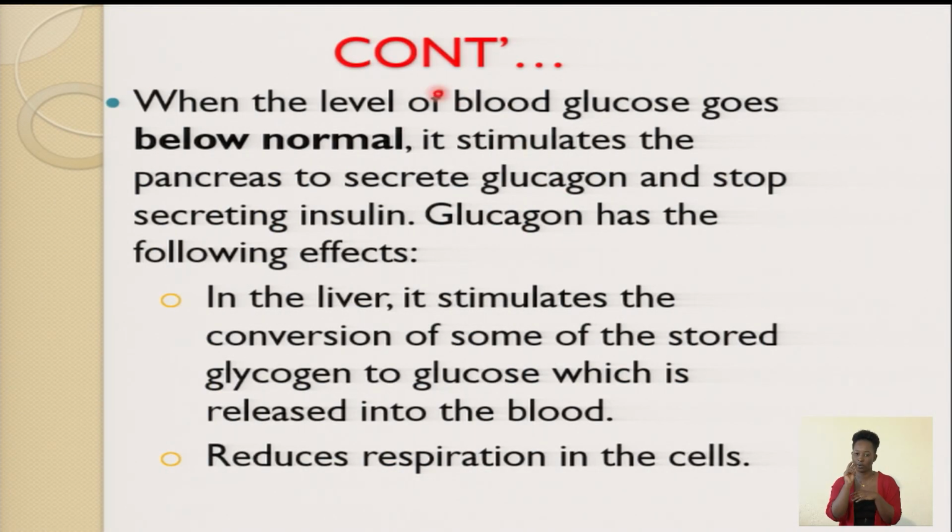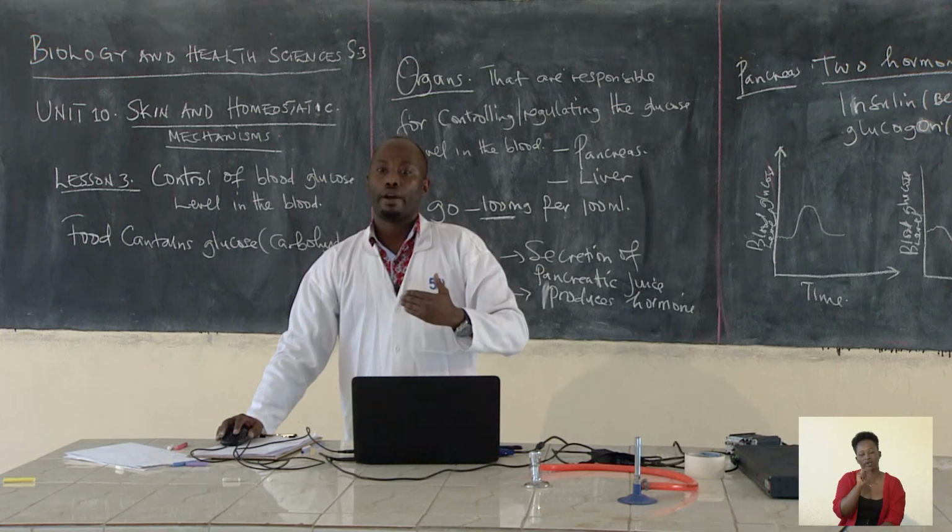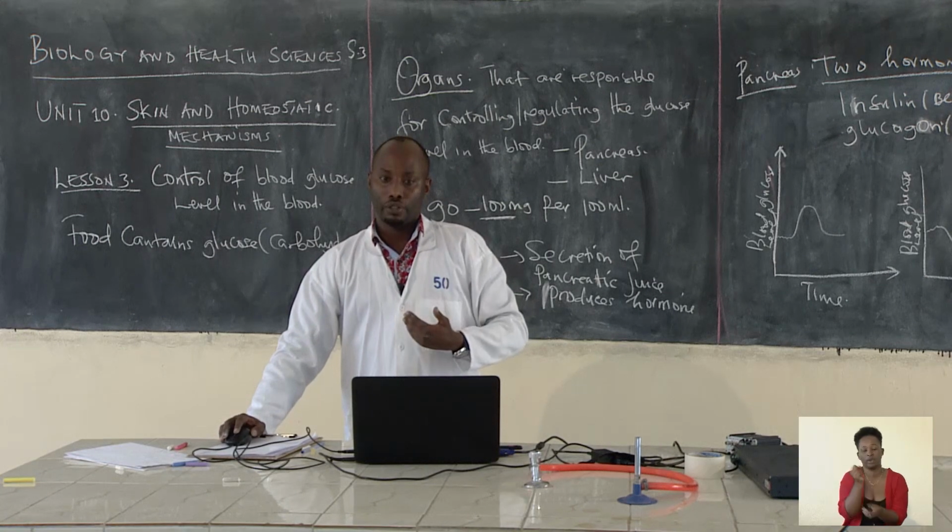When the level of blood glucose goes below normal, it stimulates the pancreas to secrete glucagon and stops the secretion of insulin. Once the glucose level in the blood is very low, production of insulin stops and glucagon is produced, which will increase the glucose level in the blood.